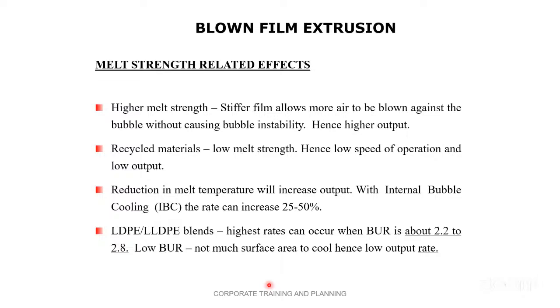I told you generally polypropylene is blown in the downward direction, right? And polyethylene in the upward direction. Now, melt strength related effects: higher melt strength, steeper fin, allows more air to be blown against the bubble without causing bubble instability, hence higher output.